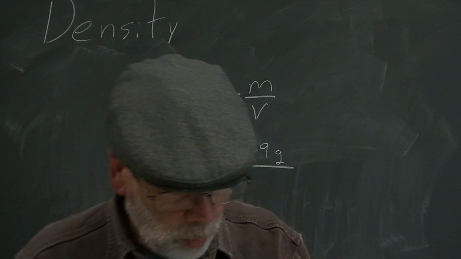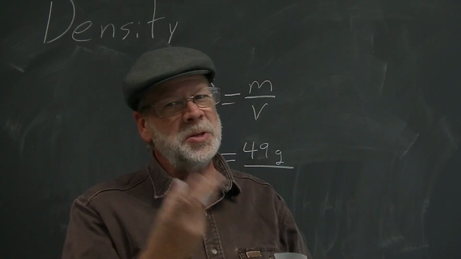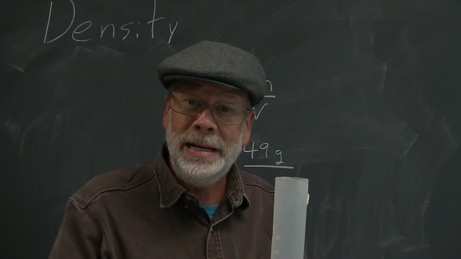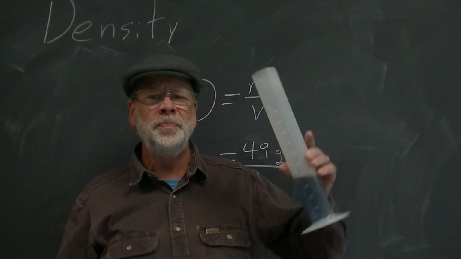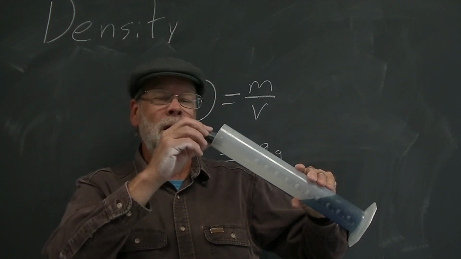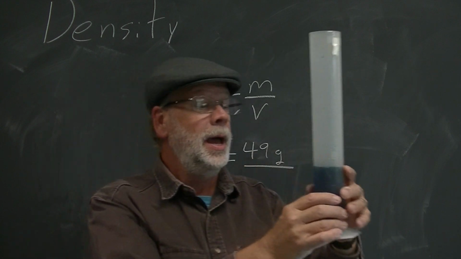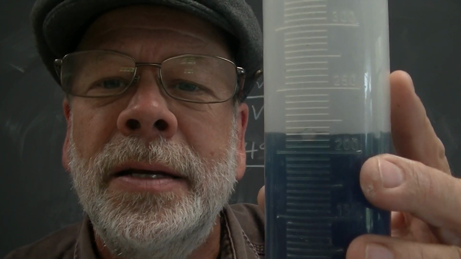Well, when I drop this in, should I just drop it in, plunk? Won't that splash some of the water out? Won't that destroy my ability to read this? If I lose some of the water, it will. Can you think of what we should do? Perhaps if I tilt it like this, put the sample in and let it slide down in nicely. And now, the first thing I need to do is find out what each of these lines means.